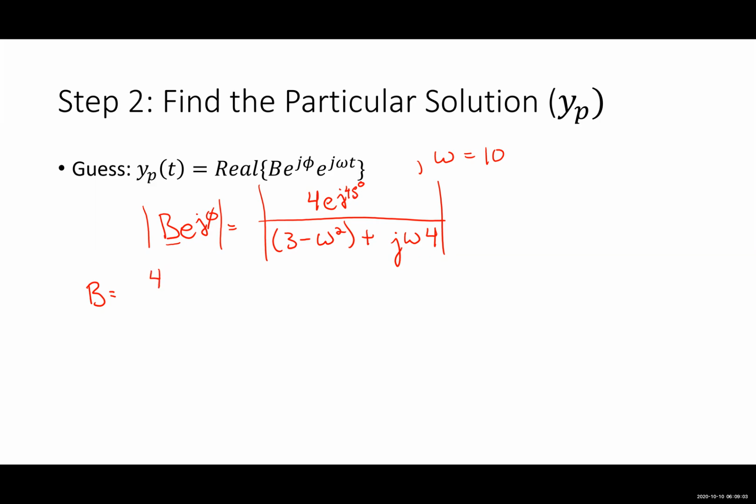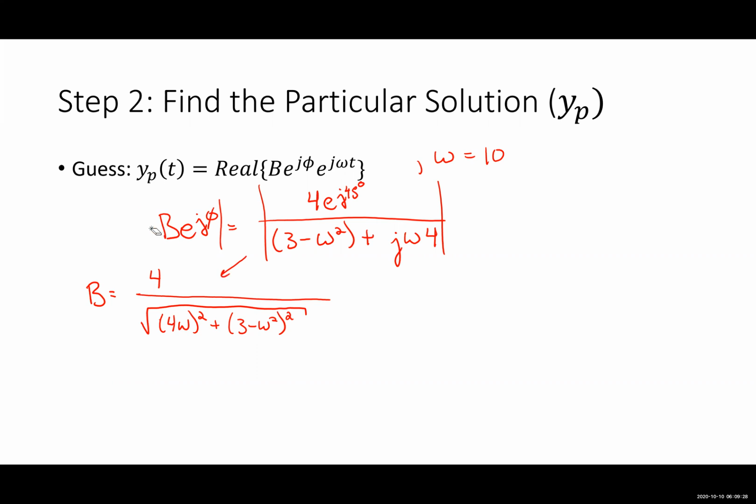Because e to the j 45 degrees has a magnitude of 1. And on the bottom, I have square root of 4 omega squared, that's the imaginary part squared, plus the real part squared, which is 3 minus omega squared quantity squared, okay? That's what I get when I do the magnitude.